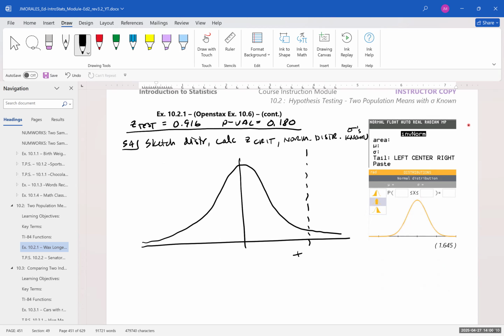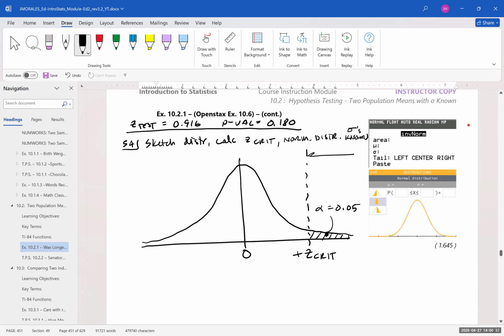So we're going to have a positive z critical value because the center of the normal distribution is 0. So to the right is going to be positive values of z. This area in the tail, that is our significance level, just 0.05.